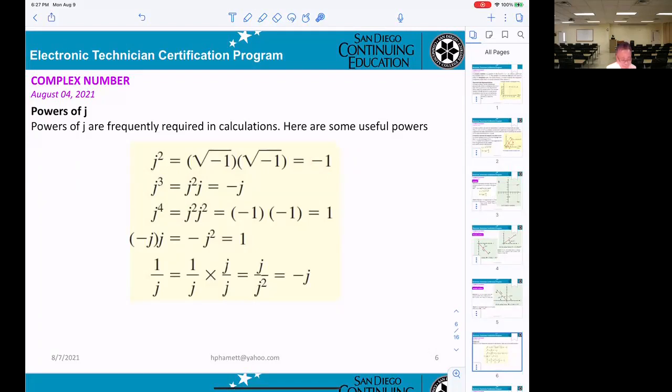j to the power of 3 will be j squared times j.